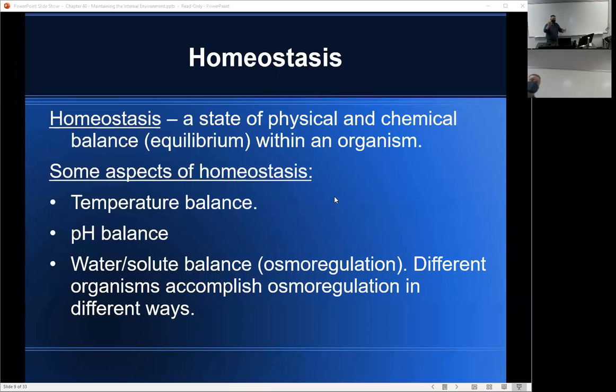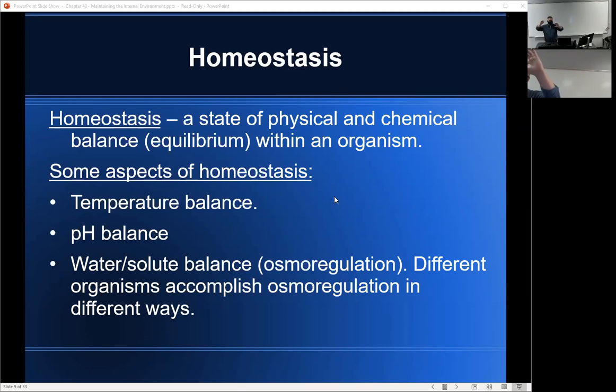Bicarbonate is a buffer. Buffers keep pH at a steady level. A good example of this: the pH of our blood is right about 7.4, and because of this bicarbonate buffer, it doesn't vary very much from 7.4.